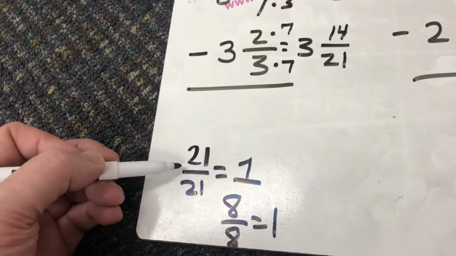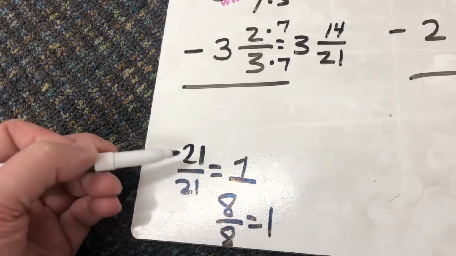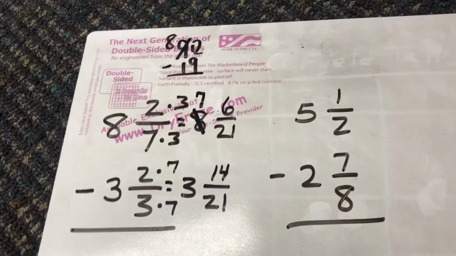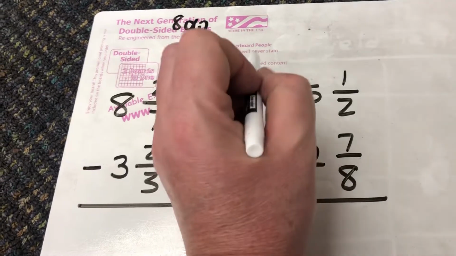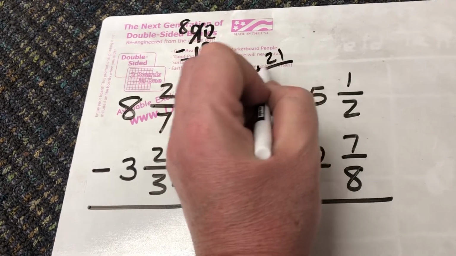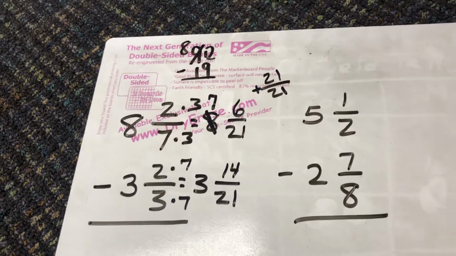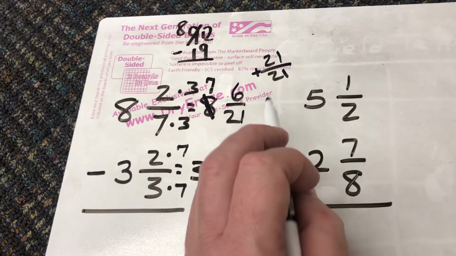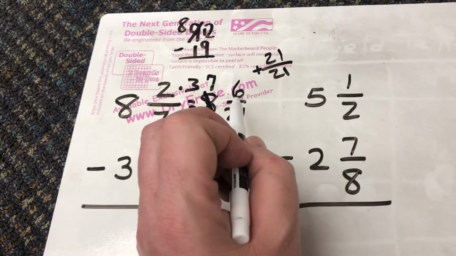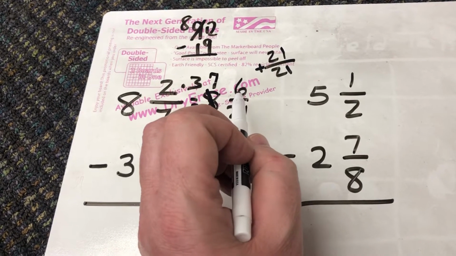So I'm thinking, well, I borrowed 21 over 21, which means what I'm actually doing here is taking this 6 over 21 and I'm adding 21 over 21 to it, okay? Which means essentially, since the common denominator stays the same, all I'm really doing is adding 21 to 6.